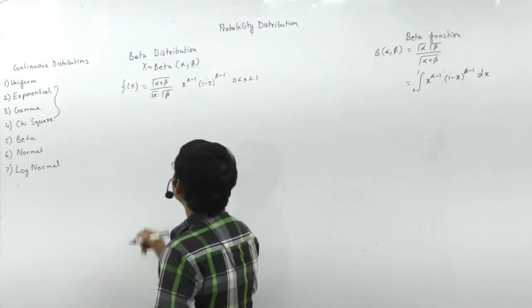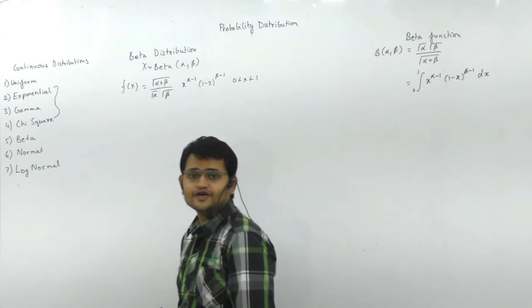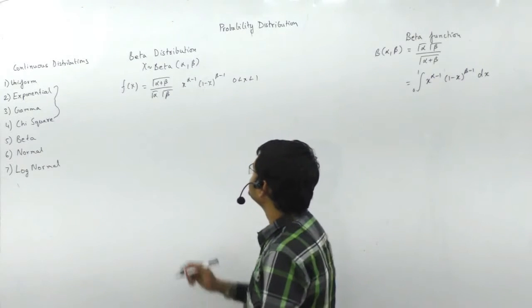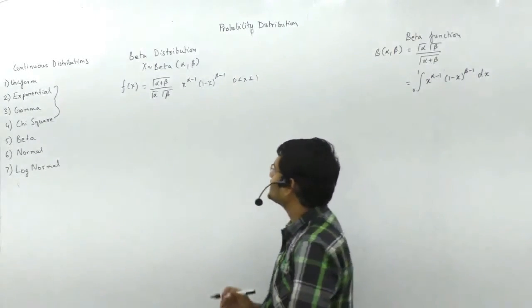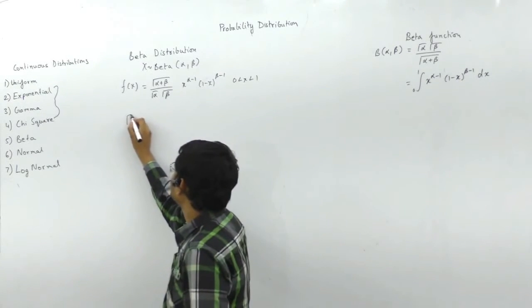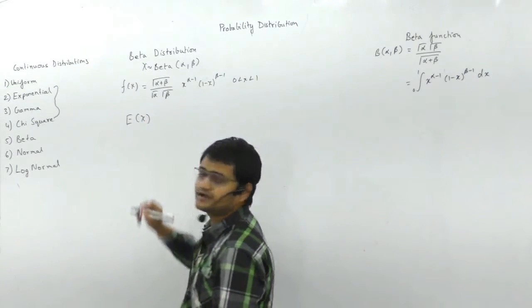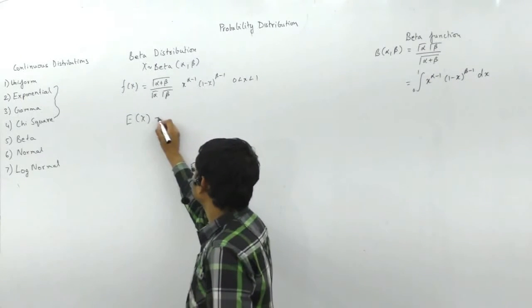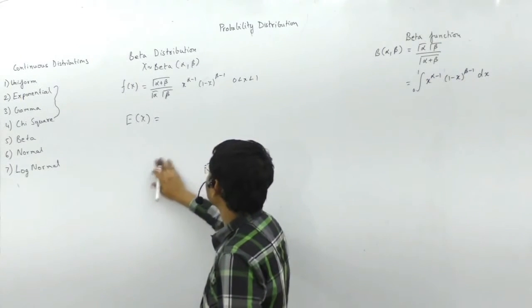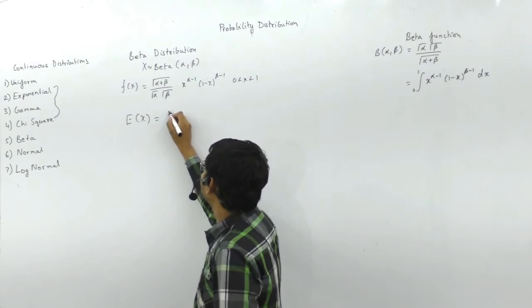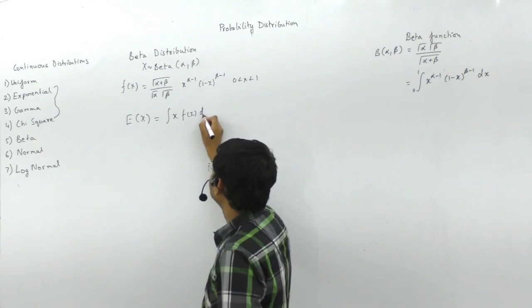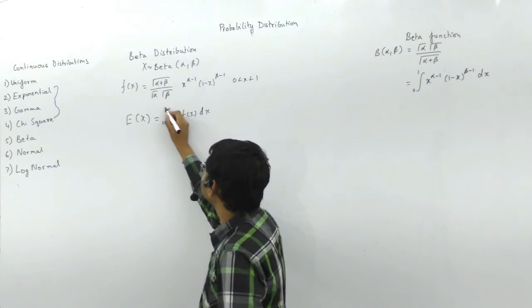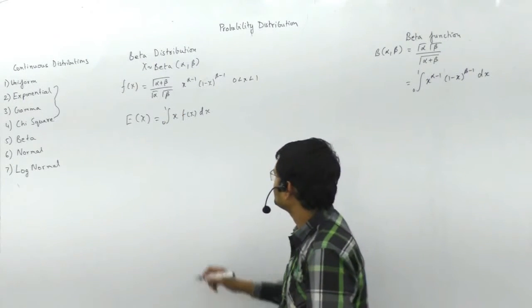Now the problem of finding capital F(x) is the same as in gamma distribution, just because the integration of this term becomes very difficult. So let's then integrate it in expected value. So expected value of x will just be the integration of x f(x) dx for the values between 0 to 1.